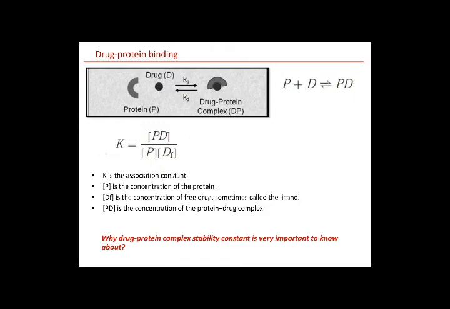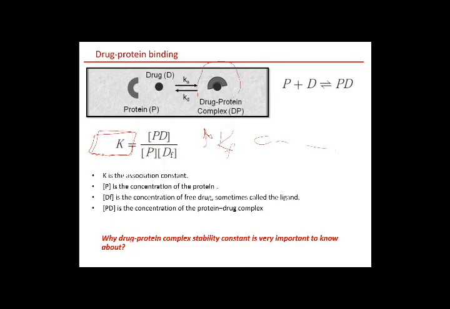Again, because protein binding of drugs is such an important thing to know about, we have to understand K again. We have to remind you of this. K was the complex stability constant.